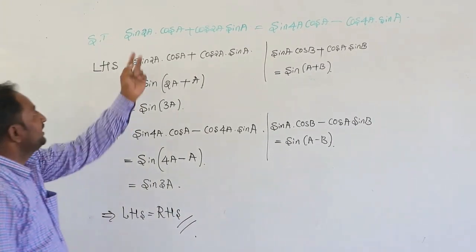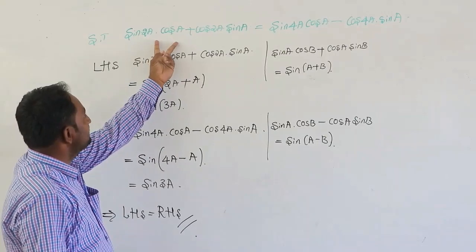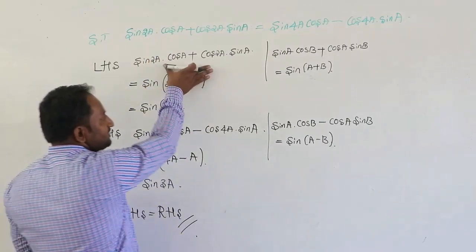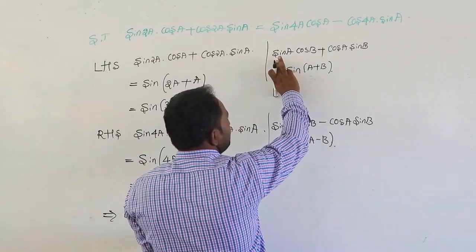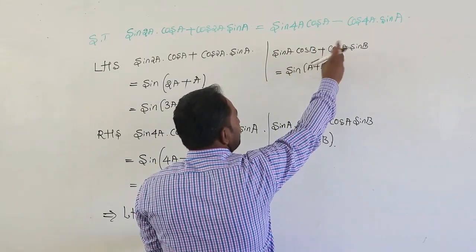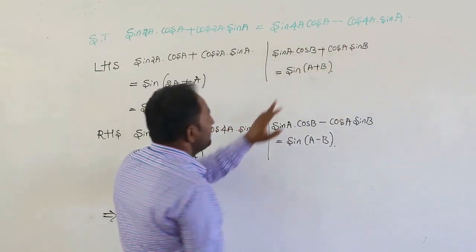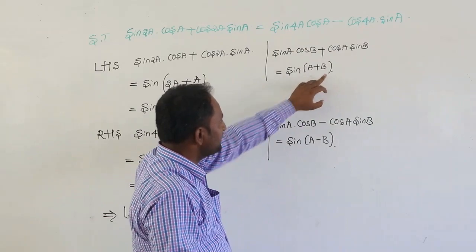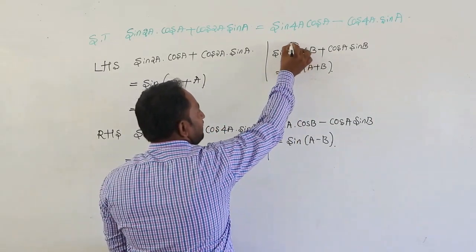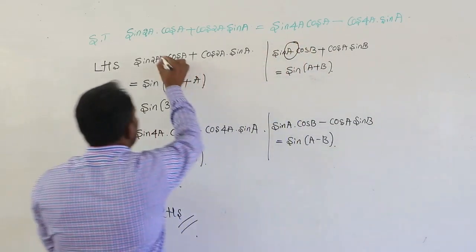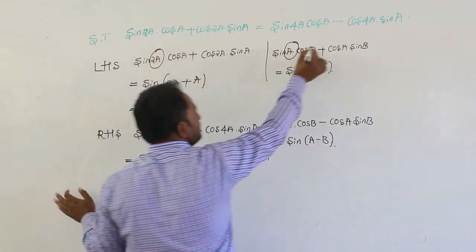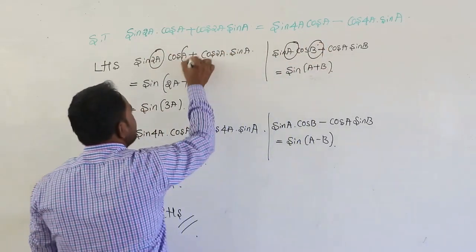Here we take the LHS, then apply the formula sin a cos b plus cos a sin b, which is equal to sin of a plus b. In place of a, 2a is there. In place of b, a is there.